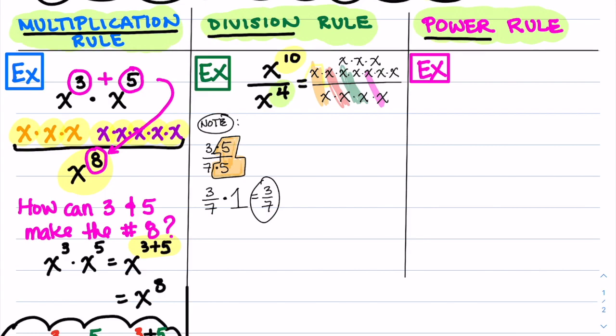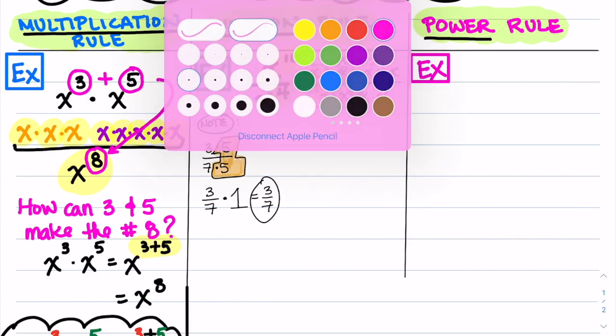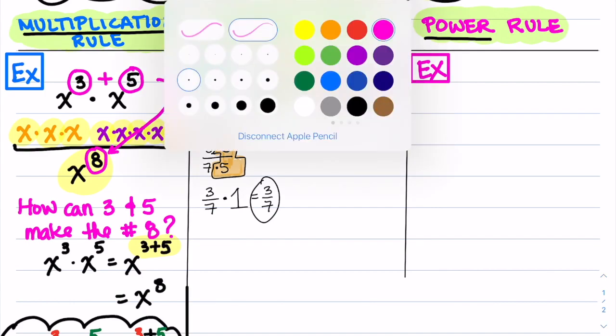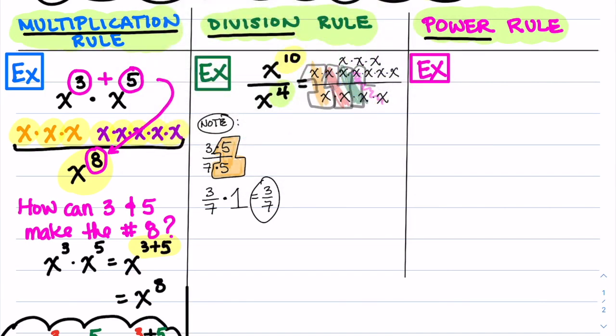Oh, yellow's not a good color. Let's try this. Yeah, there we go. So I pretty much have 4 copies of this number 1, which means I only really take the rest of these.